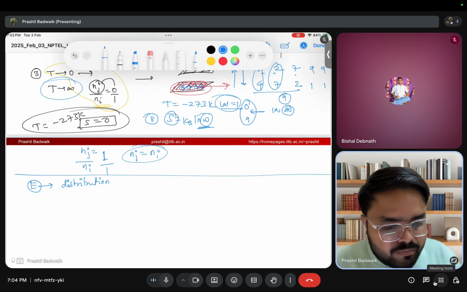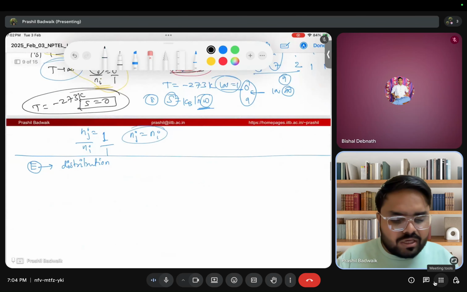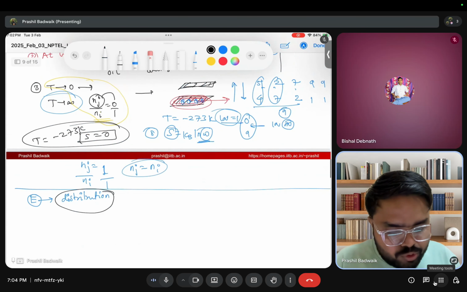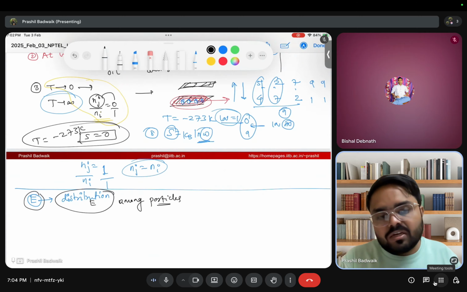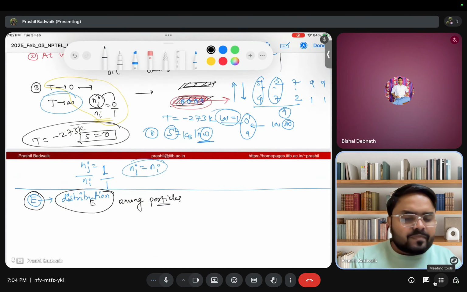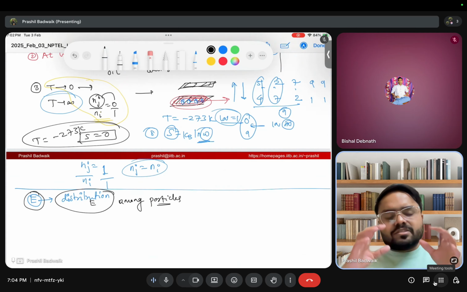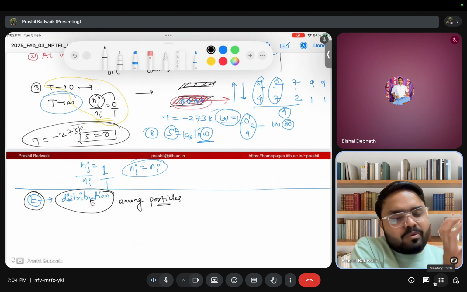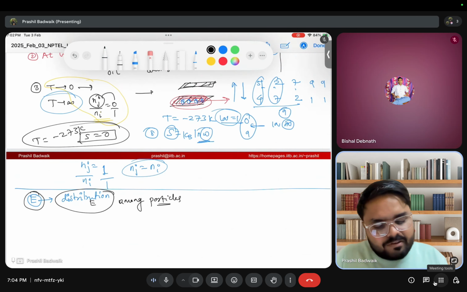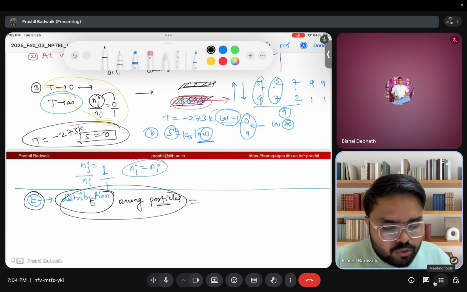So next time onwards, if somebody asks what is entropy, you can clearly say, okay, entropy is the distribution of E among particles, and this is E. So there is a relation between E and S. E is the total energy, the total number of chocolates, and how I'm dividing them among the number of students, how I'm dividing into number of particles, right? That is giving you the distribution, and that distribution is giving you S, which is equal to kB ln W.